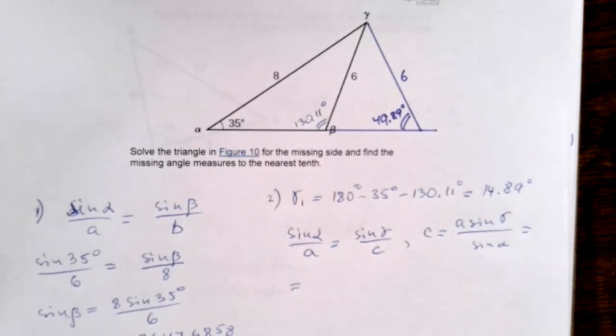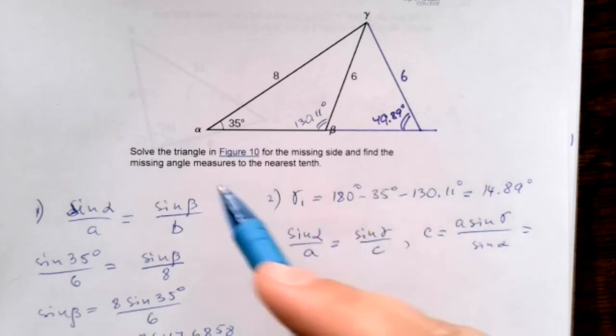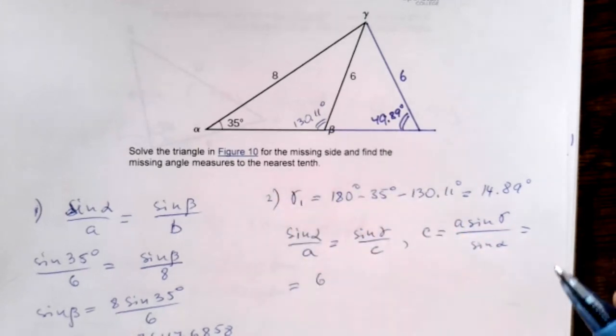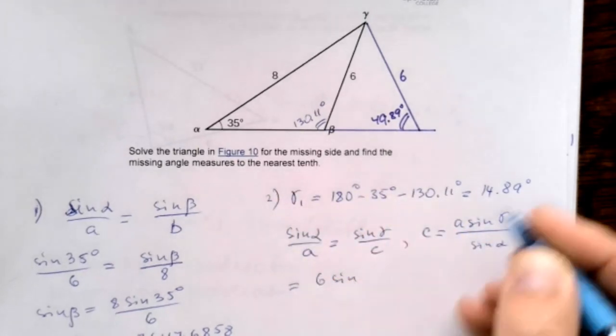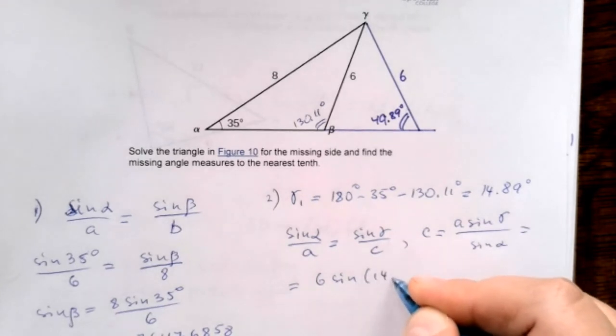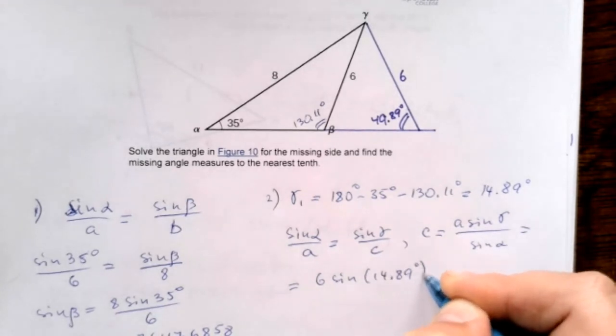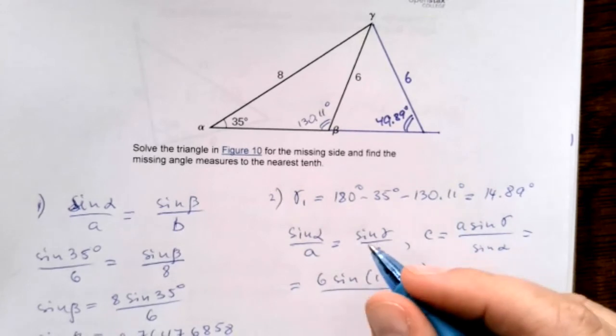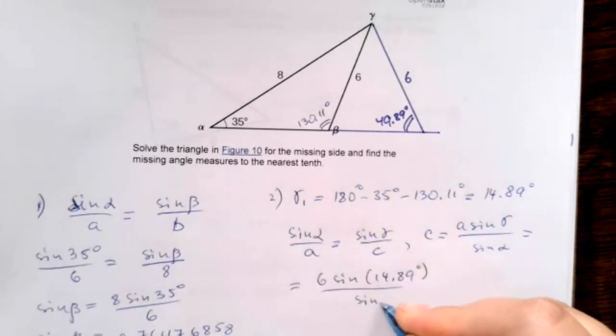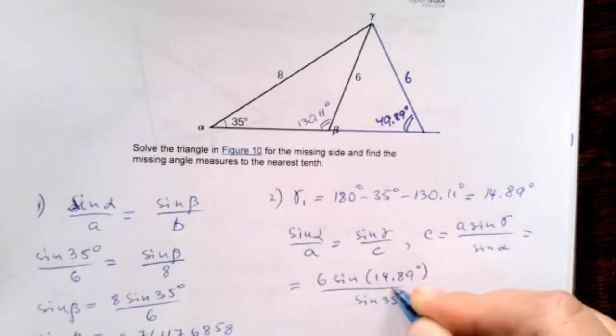So that's going to be A is 6, sine of 14.89 degrees over sine of 35 degrees.